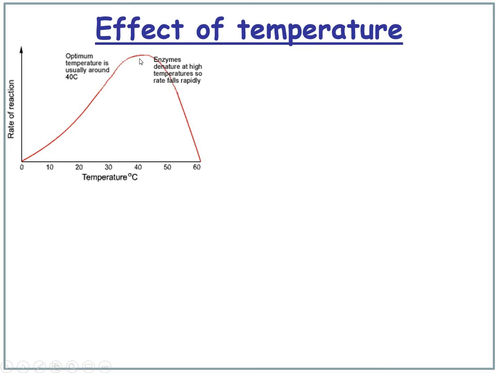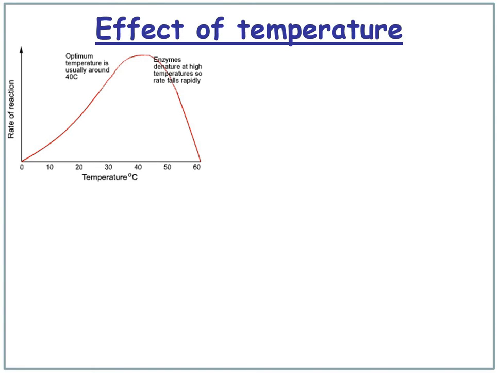And the optimum is just under 40, about 39 degrees C. Then you could say from 45 to 60 degrees C, as the temperature increases, the rate of reaction decreases. So that's just literally describing it.